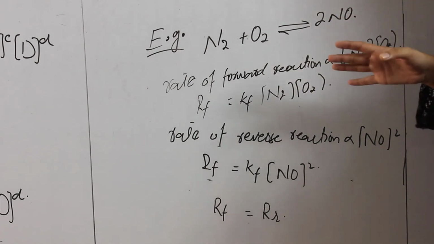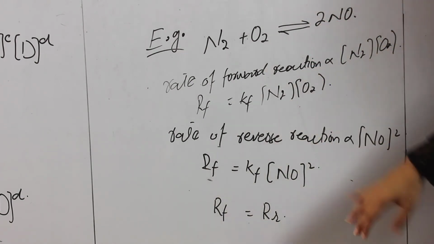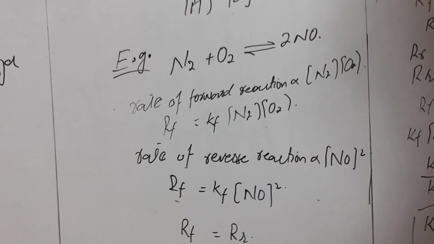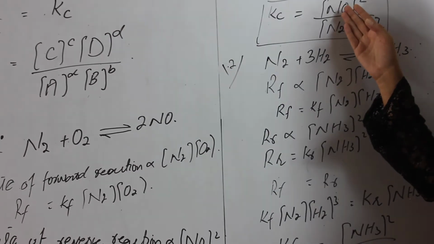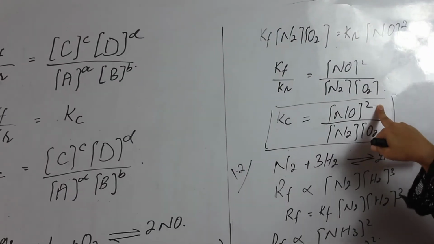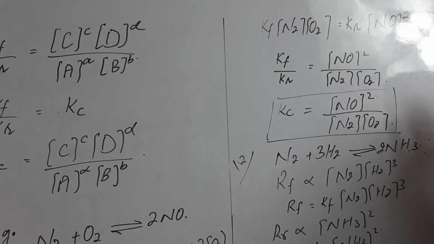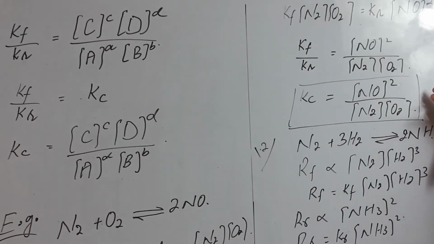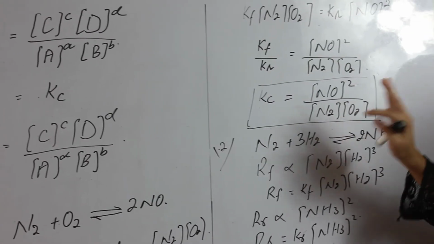First we calculate the rate of the forward reaction, then the rate of the reverse reaction, and then the equilibrium constant. Kc is equal to the active mass of nitrogen oxide raised to its coefficient, the number of moles, divided by the product of the nitrogen gas and the oxygen gas.